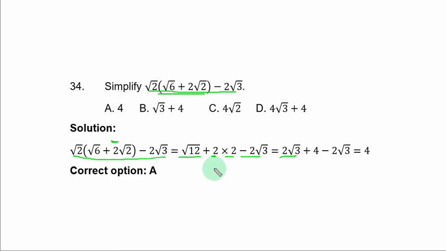If you multiply this, you have plus 4 minus 2 root 3. So, okay, you have plus 4. If you multiply this minus 2 root 3, this will cancel this. You have 4 remaining. So A is the correct option.